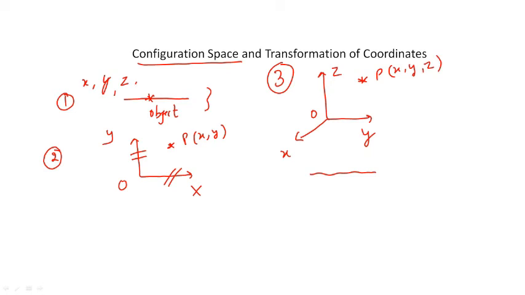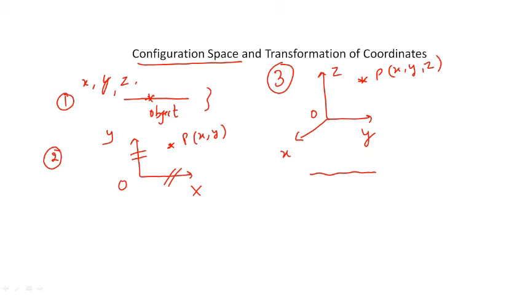You clearly know that if we have to specify the position of the point P in three dimensions at any time, then P will have the Cartesian coordinates x, y and z.